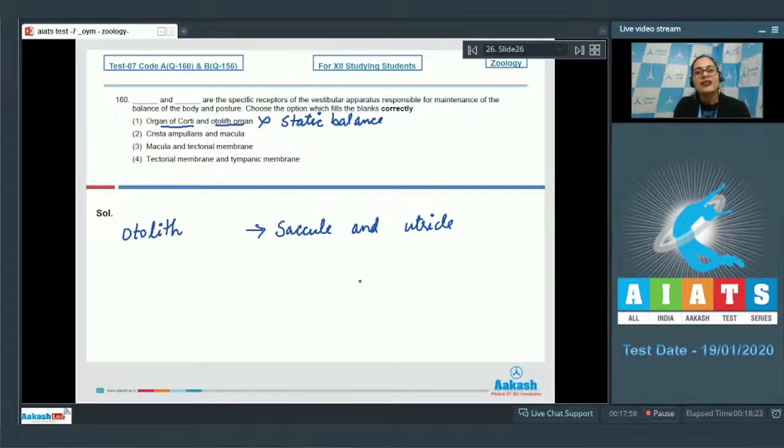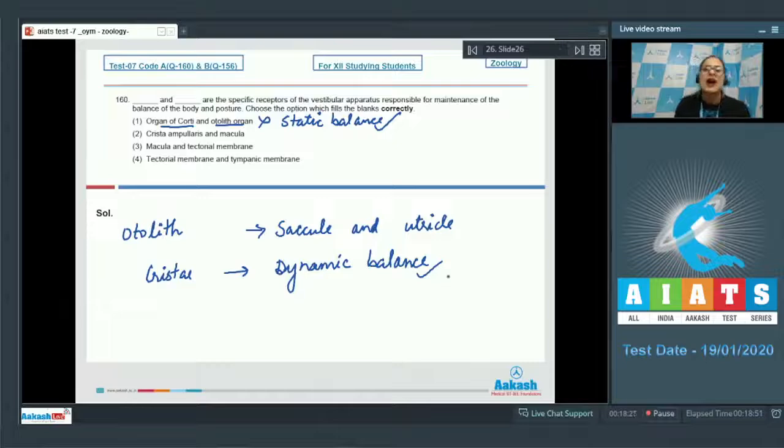On the other hand, the cristae in the three semicircular canals maintain the dynamic balance of the body. So cristae maintain dynamic balance. So both static as well as dynamic balance are maintained by the vestibular apparatus.